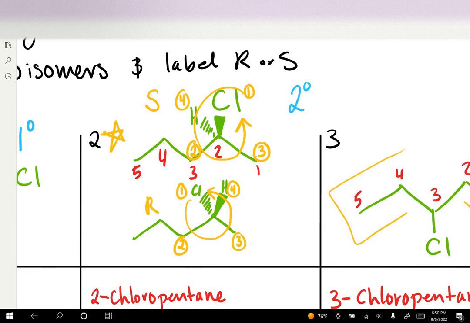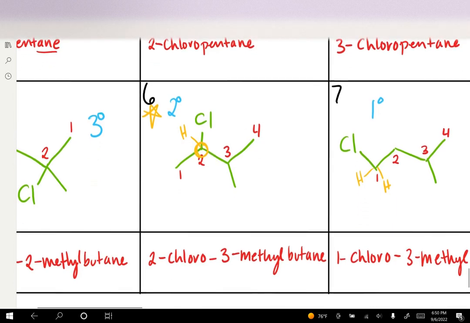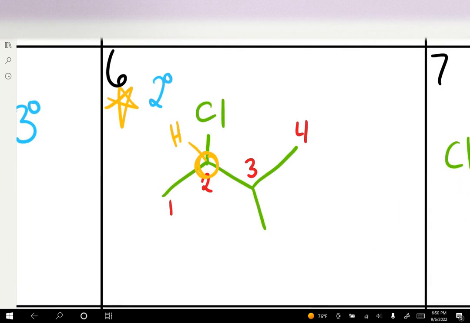So this would be an R configuration. Okay, so that is our labeled structures.